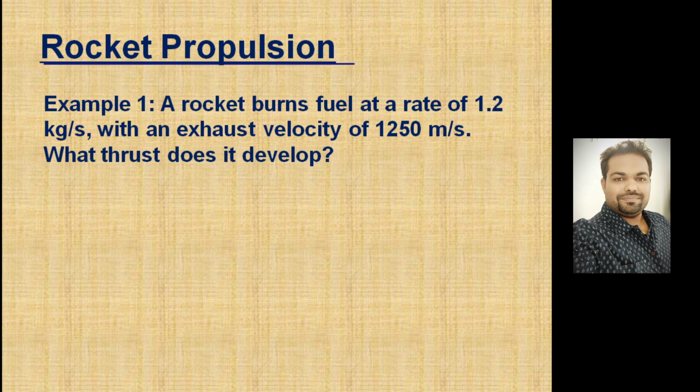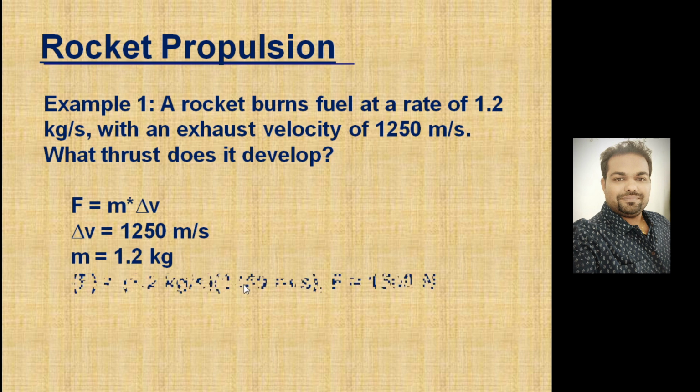Jet thrust is mass flow rate times exhaust velocity. So F is equal to mass flow rate times change in velocity. If you multiply these two, you get the total thrust. So total thrust generated is 1500 Newtons. Like that you can solve.